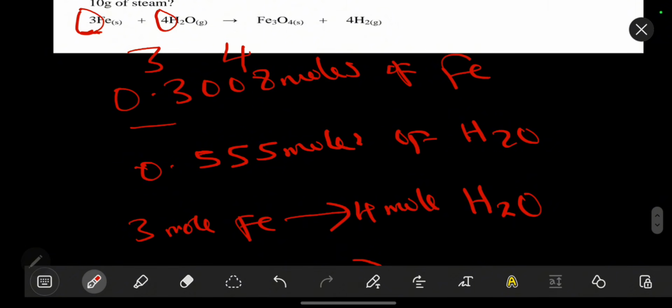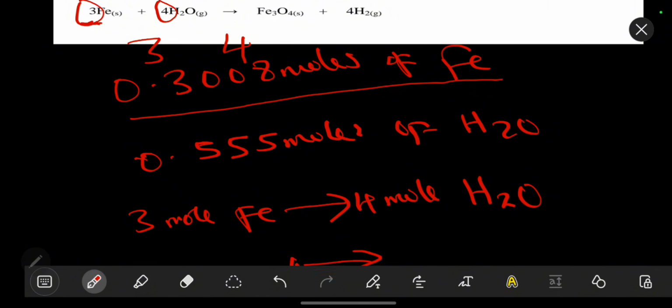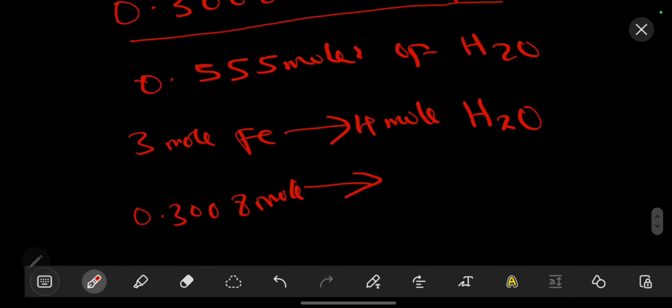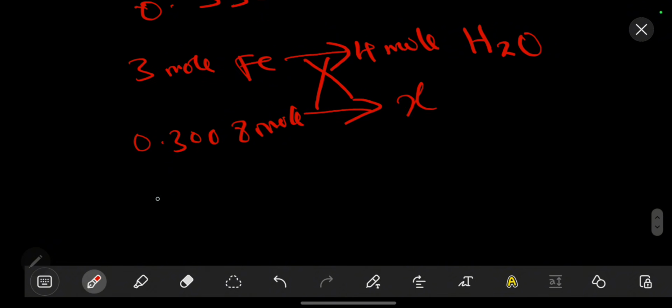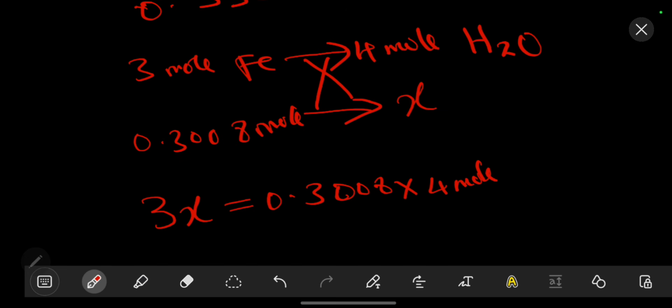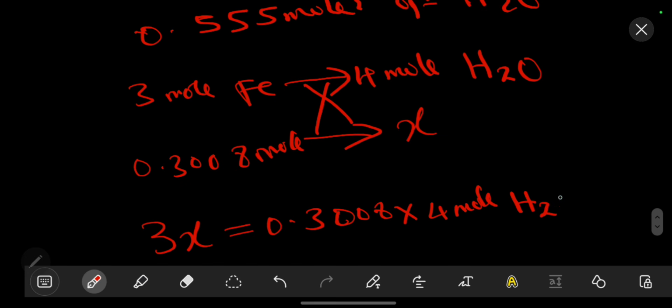Then go for the one that you suspect to be the limiting reagent and find out if it is truly the limiting reagent, because you can't know directly, just as in those examples we were given for bread slice and all that. You are going to say x. We cross multiply. 3 times x should be equal to 0.3008 times 4 moles of our H2O.